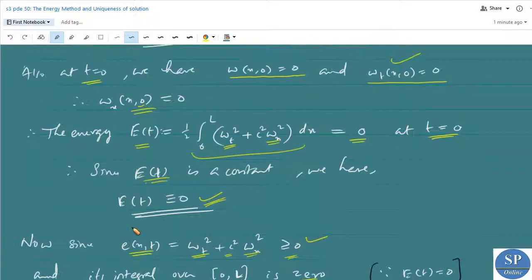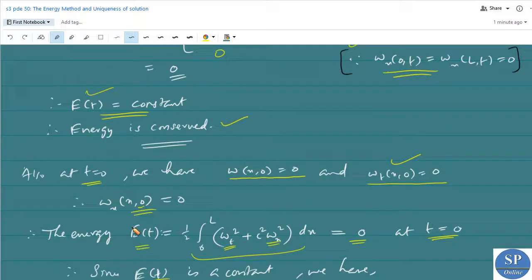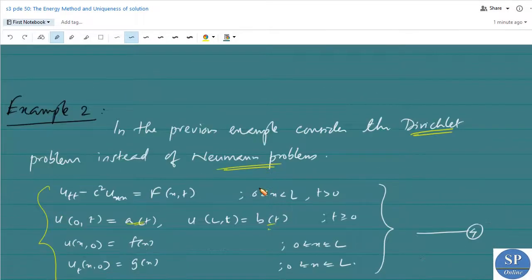As in the previous problem, we have obtained that the energy is conserved, and at time t equals 0 we have W(x, 0) equals 0 and W_t(x, 0) equals 0, because these are the initial conditions. Here also there is no change in the initial conditions.